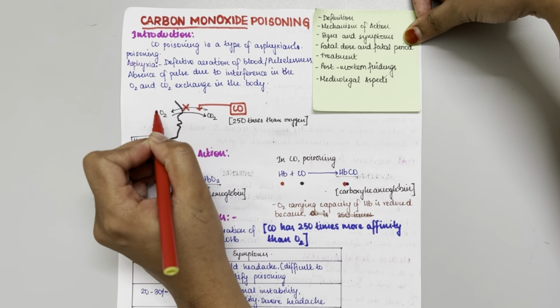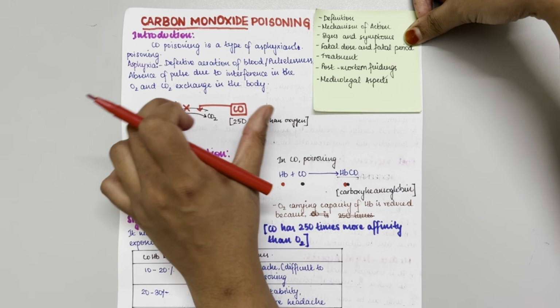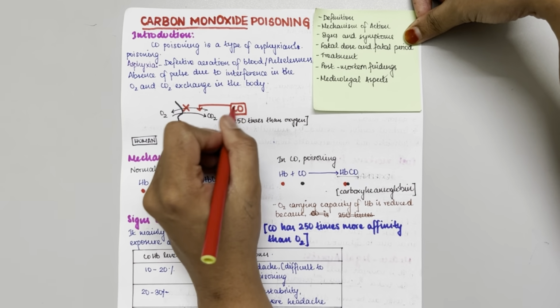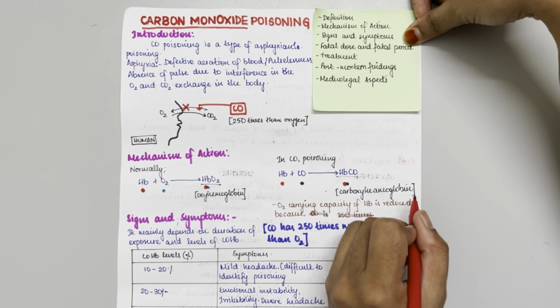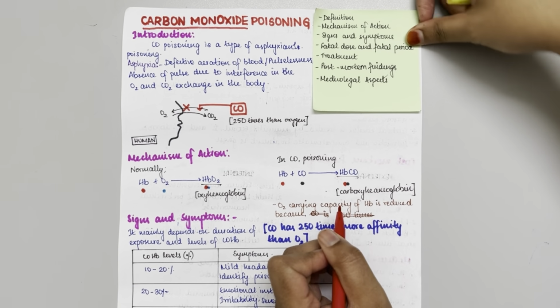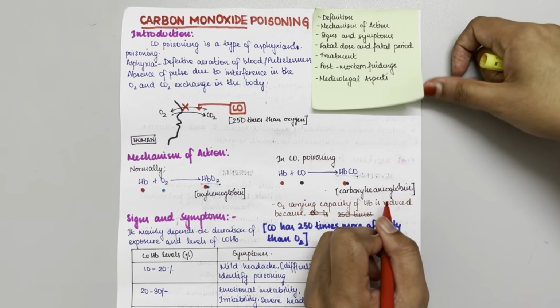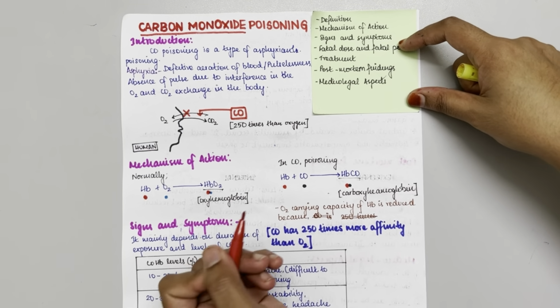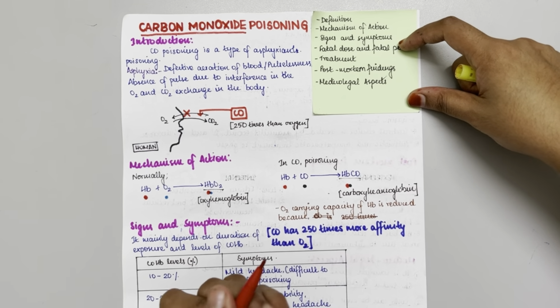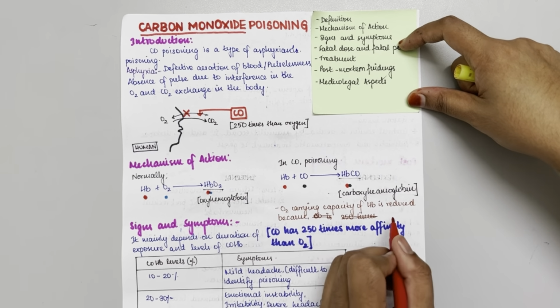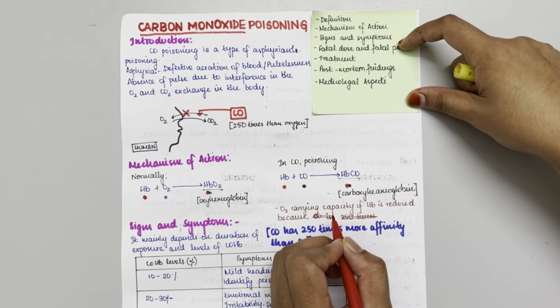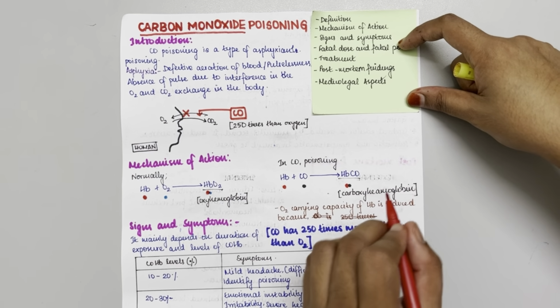So when oxygen and CO both are present in an environment, CO combines with hemoglobin and forms carboxyhemoglobin compound. This compound is formed because though oxygen is present in the environment, CO, that is carbon monoxide, is known to have 250 times more affinity than oxygen.